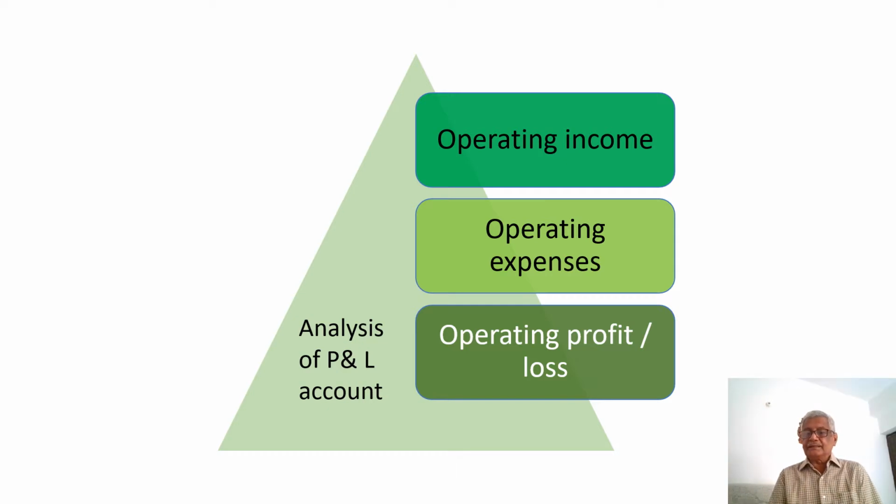Similarly, we remove all expenses which are not related to the core activity or the main activity. And we find out what are the expenses which are related to the main activity, which let us call operating expenses. If the operating income is greater than the operating expense, naturally the company will make an operating profit. That is, there is a profit generation from its core activity.